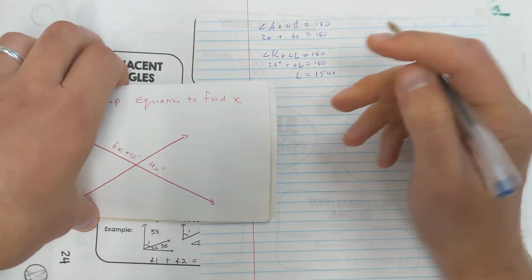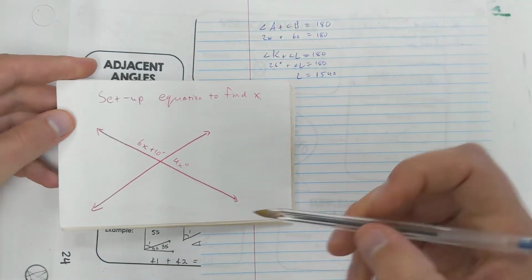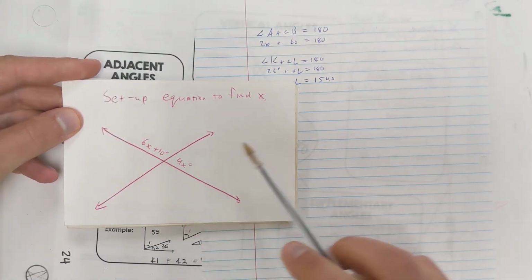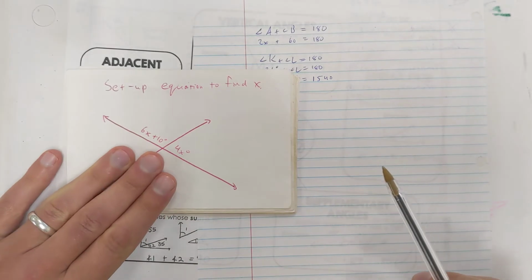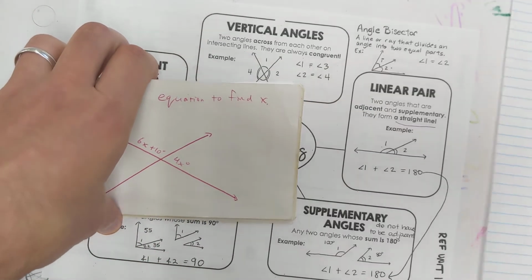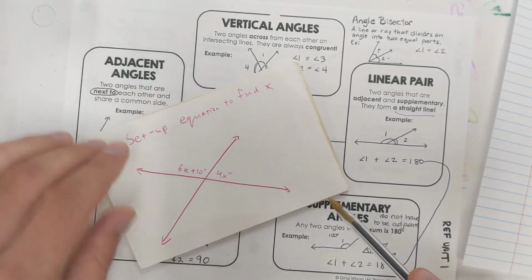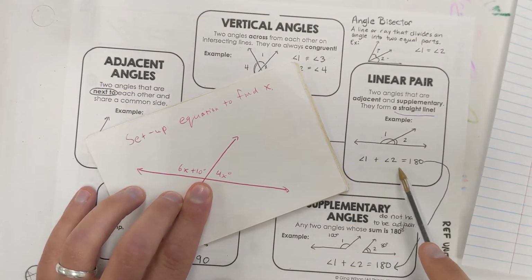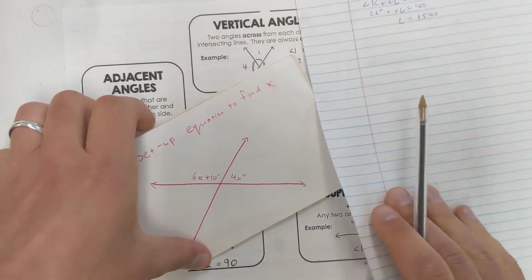This one doesn't tell me what I need to do, but I'm looking at this saying, hey, those are right next to each other. If I cover up this, they're forming a line. So, let me look over here. They're forming a line. That looks like this one, linear pair. So they add up to 180.